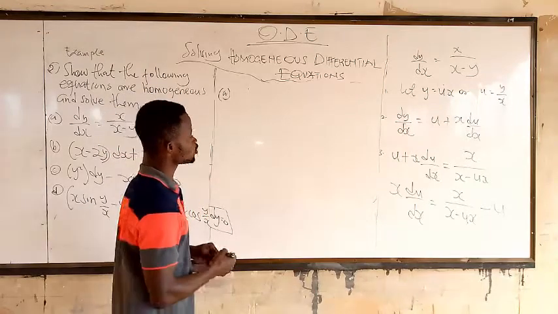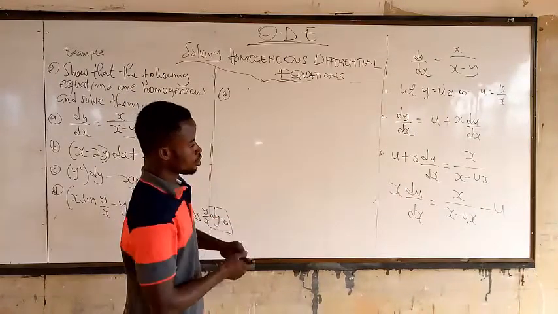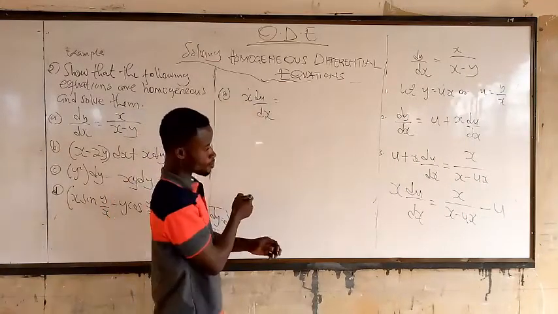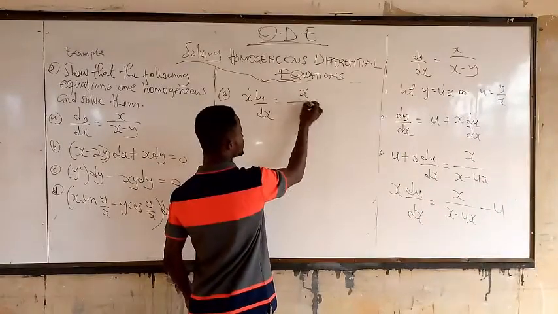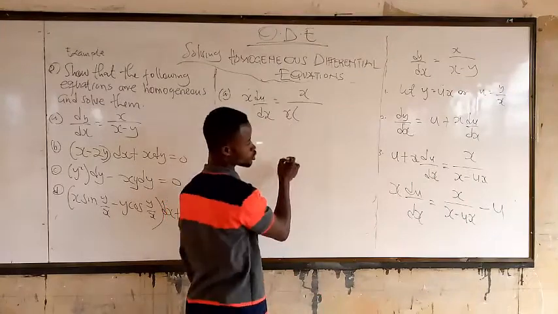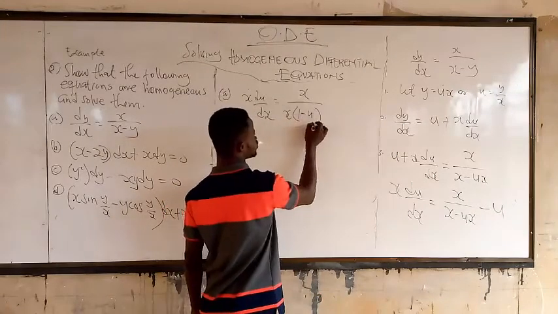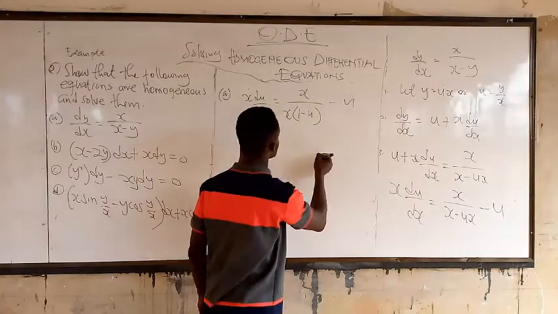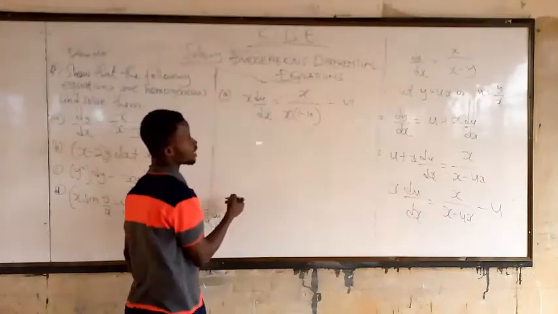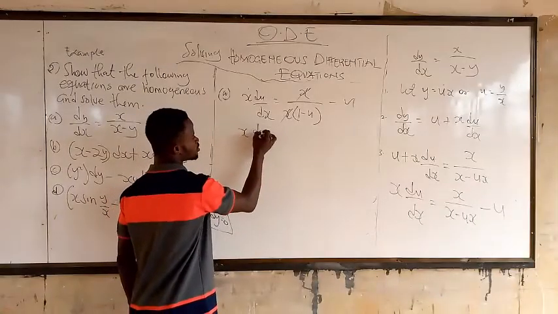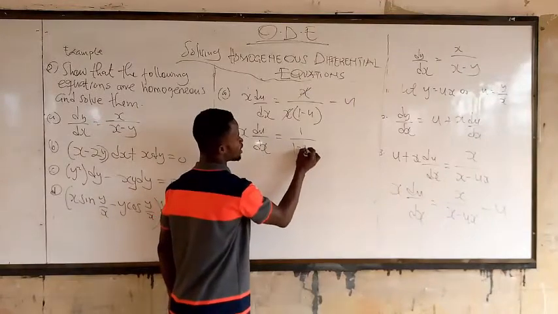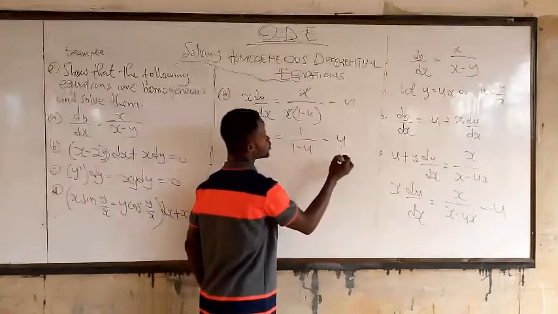So we have x du/dx equal to x over, now here we can factor x out, please your algebra is also involved here, 1 minus u. We can see that this will cancel out this. So we get x du/dx equal to 1 over 1 minus u, minus u.